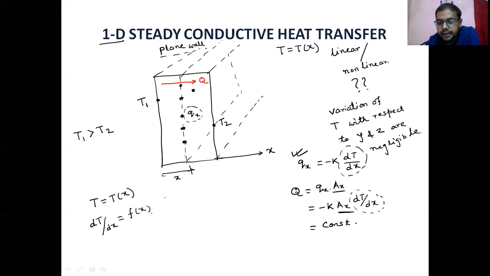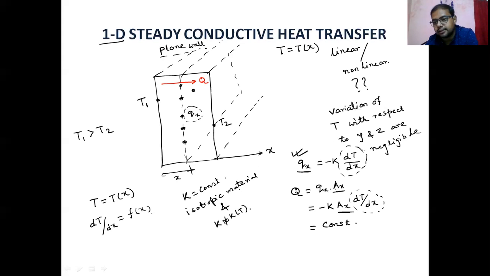What I'm telling you again, repeating, if you consider here, you can see k is a constant. Two assumptions because of it. One is the isotropic material. And another is that k has very little variation with the temperature.